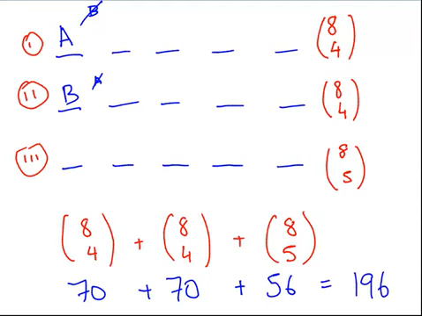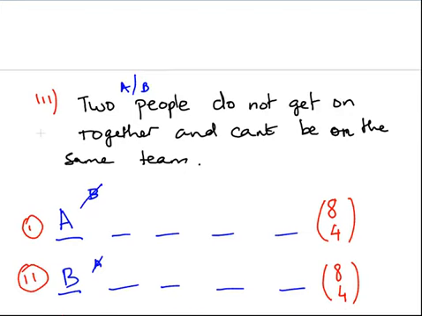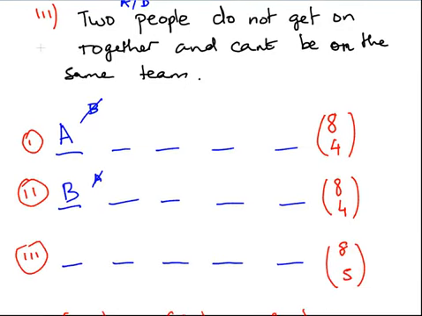The best thing is just to consider what exactly is meant and what is allowed, because a lot of people would miss this last scenario, that neither of them have to be on the team.